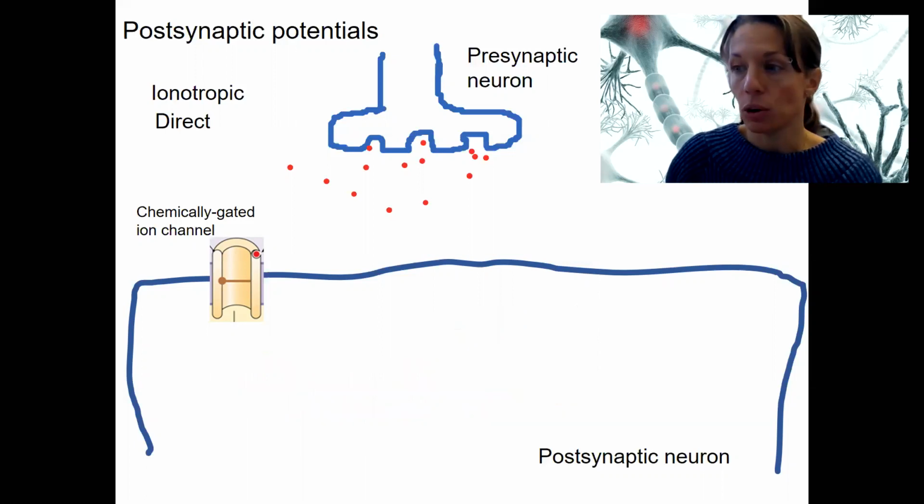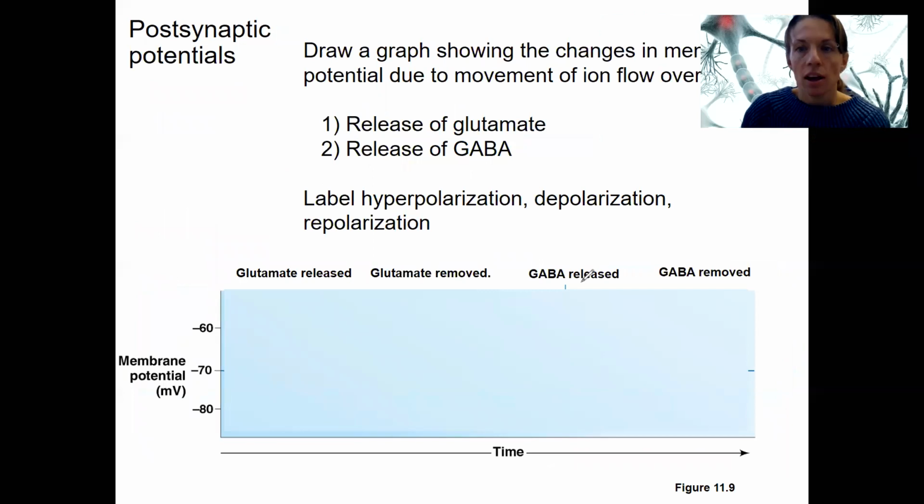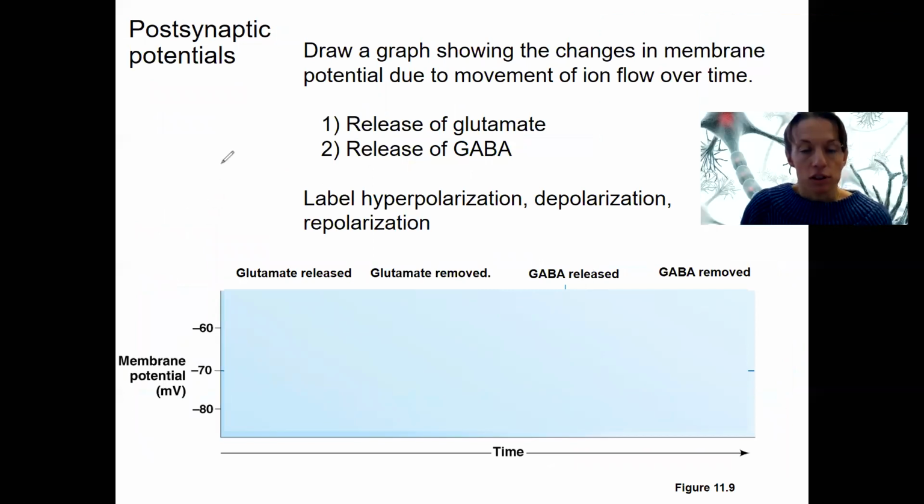Okay, let's go to what this looks like in terms of changes in membrane potential. I want you to draw a graph showing the changes in membrane potential due to the movement of ions over time. First, the release of glutamate, then the release of GABA. Label these different components: hyperpolarization, depolarization, and repolarization.